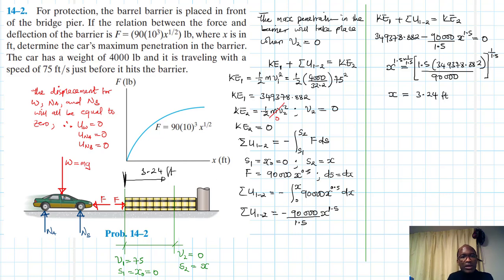That's what we are saying. So this distance here, if I was to show this, from this point going in this direction, this value here is equal to 3.24 feet.